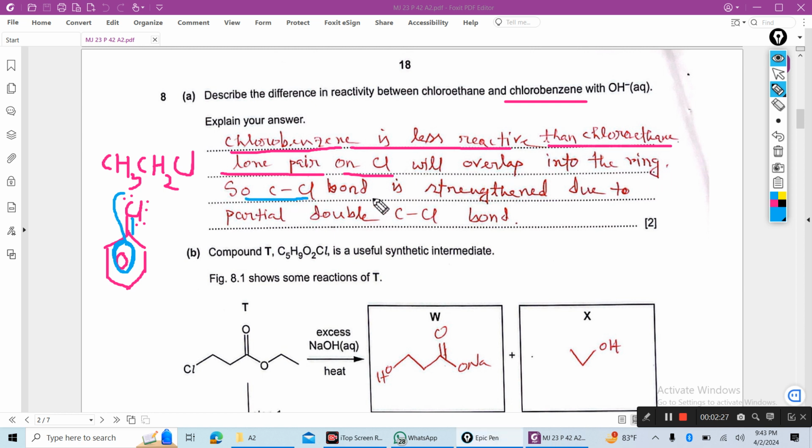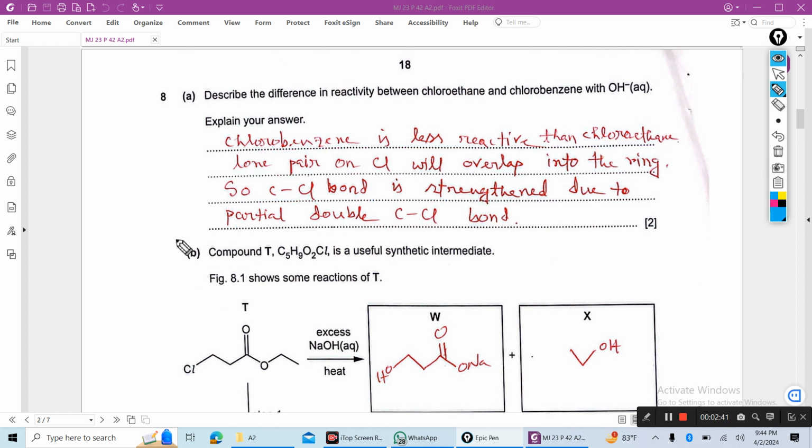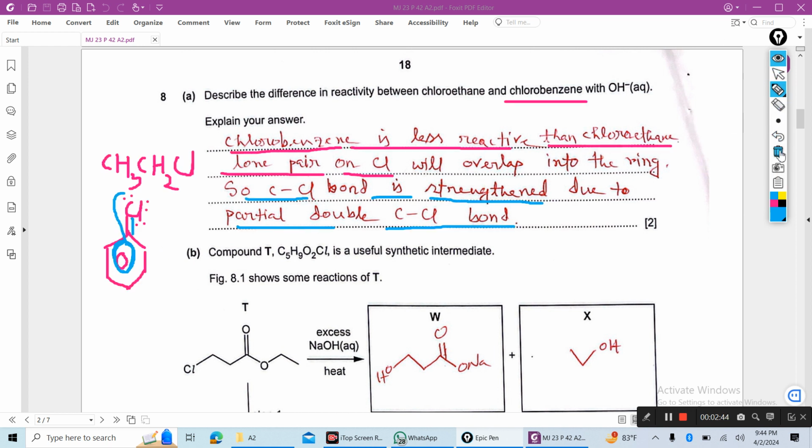So the C-Cl bond is strengthened. The C-Cl bond becomes stronger due to partial double bond character. Due to delocalization, this carbon-chlorine bond becomes a partial double bond. A double bond is stronger, that's why chlorobenzene is less reactive.